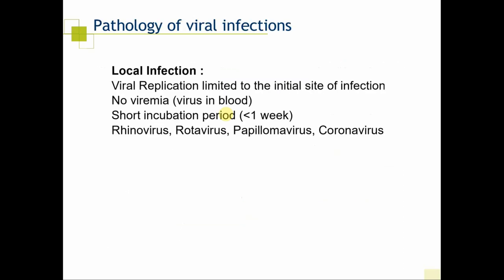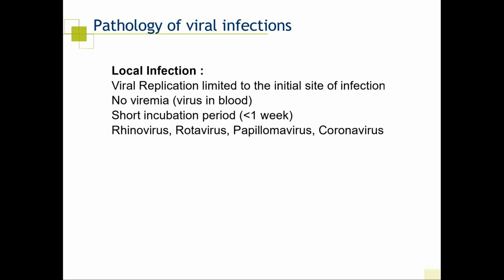Okay, once you get infected, what's going to happen? Well, some viral infections stay localized, and that means that they just replicate at the initial site of the infection. So the virus can't be found in the blood, and these generally have a short incubation time. Incubation time is the time between infection and symptoms. So rhinovirus causes a common cold, okay, infects you up here, stays up there.